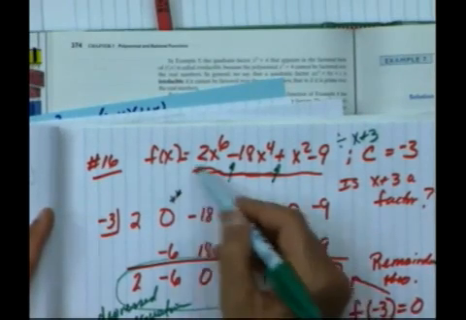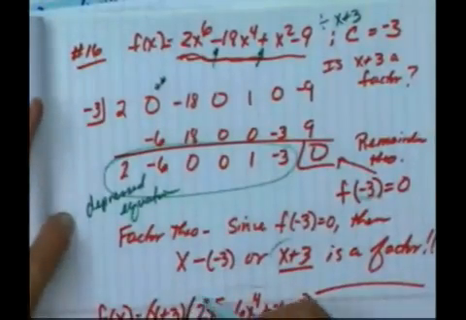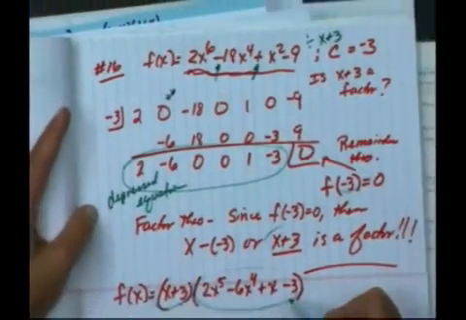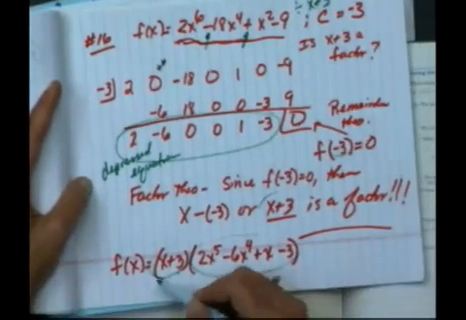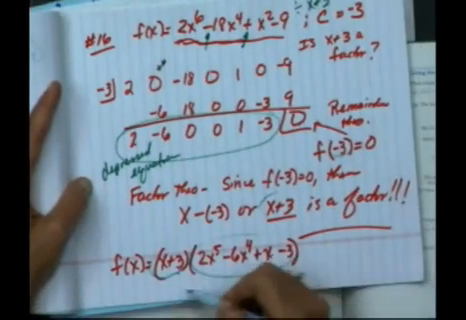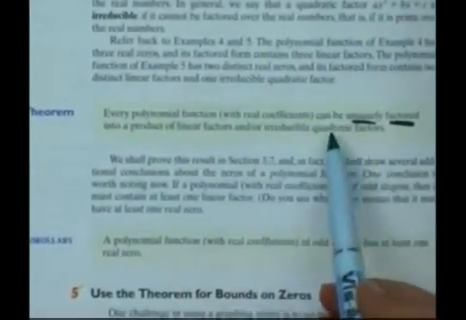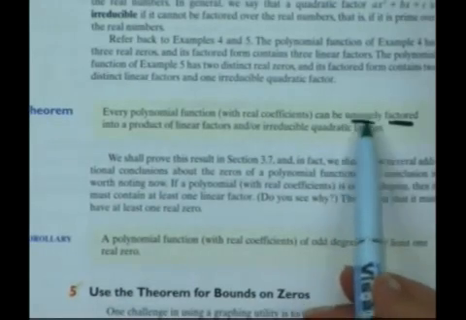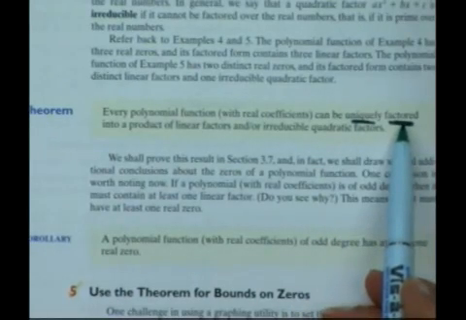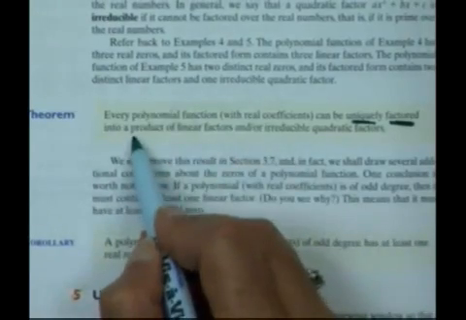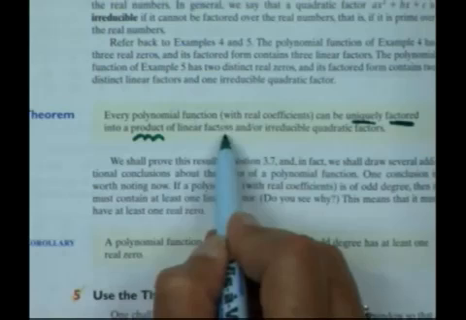Factor means we take this and write it as terms multiplied together. So the book says every polynomial function with real coefficients can be uniquely factored, written as a product, into a product of linear factors.